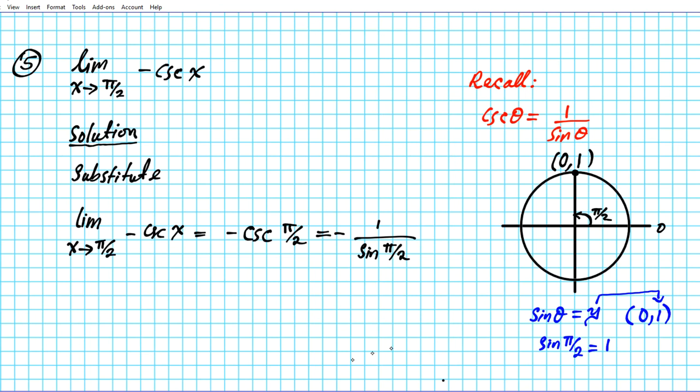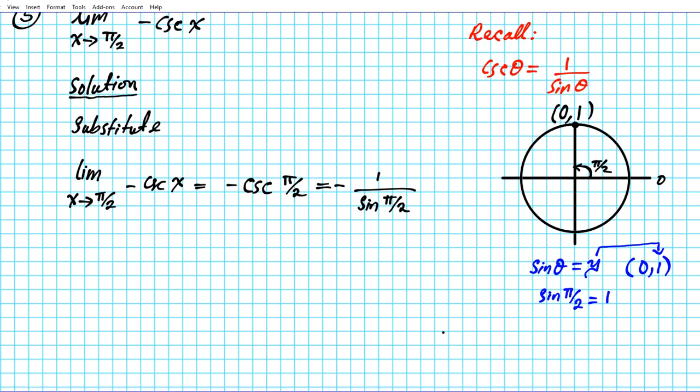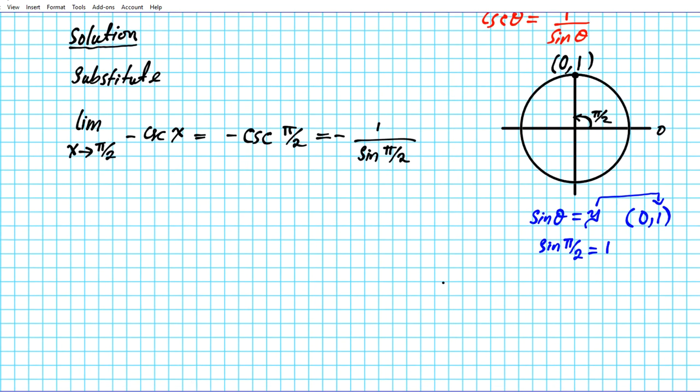Now let's say you wanted to use the graph to do it. Let me just show that to you real quick. You just have to remember what the graph looks like. The graph is pretty good for multiples of pi over 2. So your sine function looks something like this.